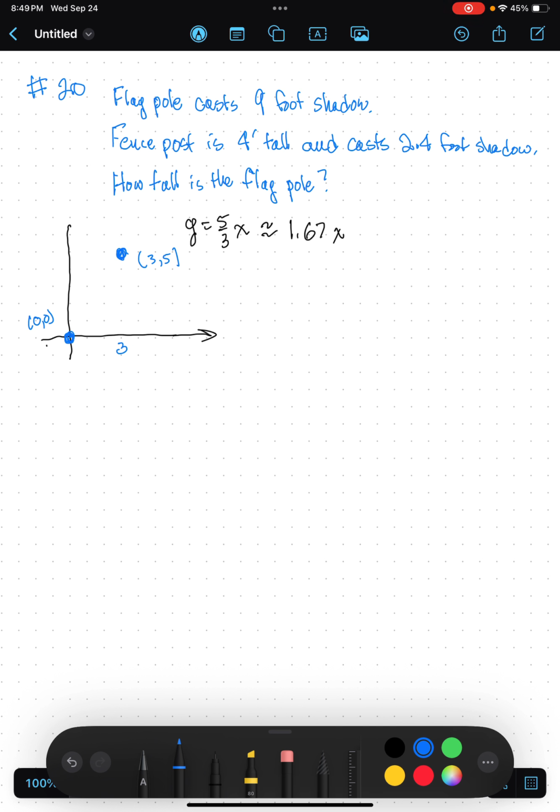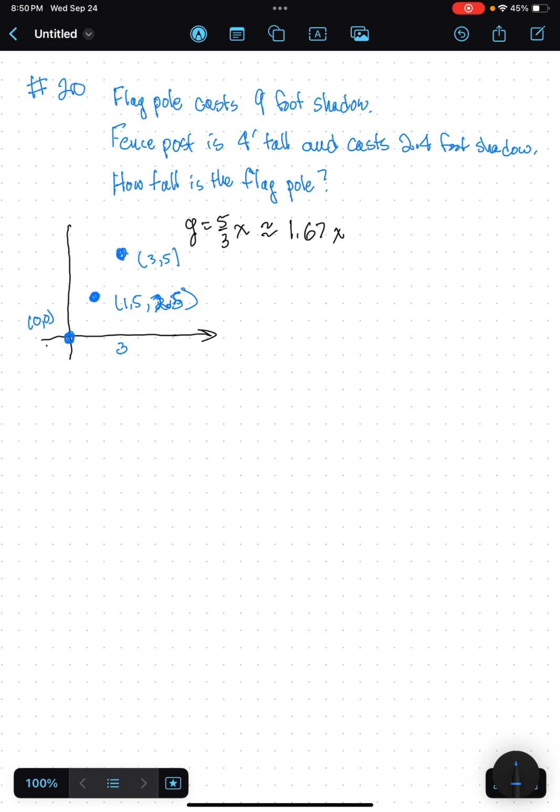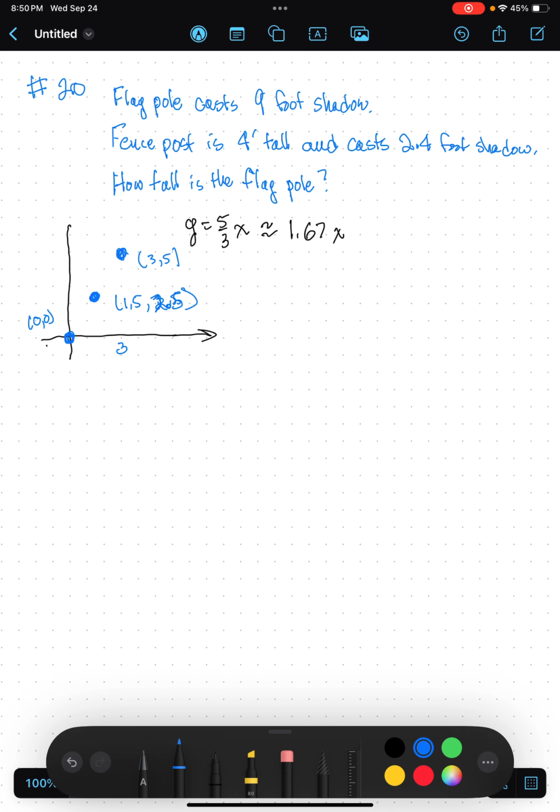Then I could have another point right here, 1.5 and 2.5. So 5 halves, 3 halves, 5 halves. And let's just draw that line through all 3 of these points.